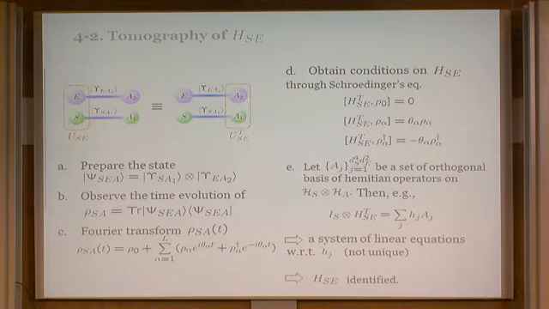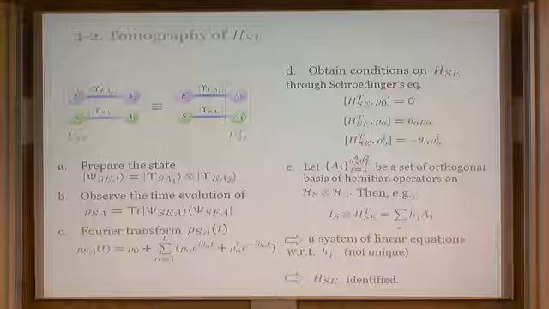So prepare this state, and then again by state tomography, we observe the time evolution of rho SA, and then Fourier transform it, and we get some frequencies. Considering the time Schrödinger equation, this should obey the Schrödinger equation. And then we get these conditions for theta and rhos.